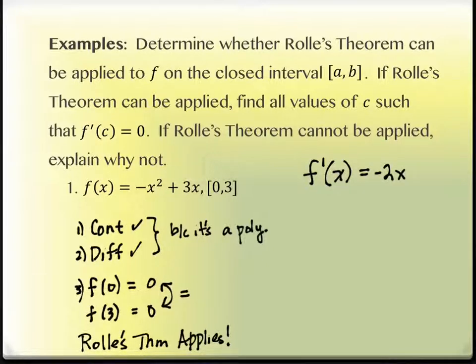Negative 2x plus 3. I feel like we saw this one a little bit ago, didn't we? And where does this equal 0? Three over 2. And what do you notice about 3 over 2? It is between the 0 and the 3 that we started with, right? 0 is less than 3/2 is less than 3.